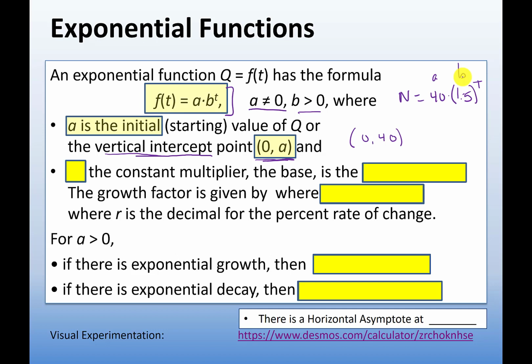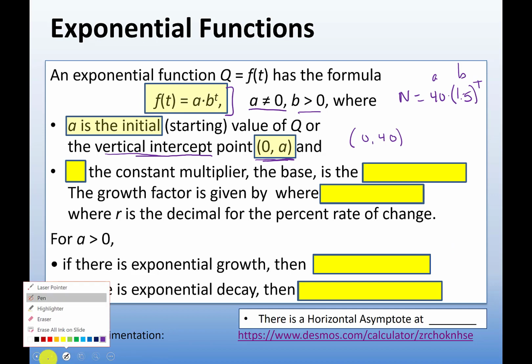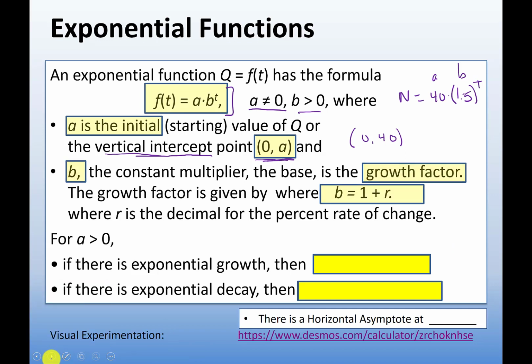Next, we have the b number. That's our constant multiplier, the multiplier that keeps multiplying over and over again. We call that the growth factor. So b is the growth factor.